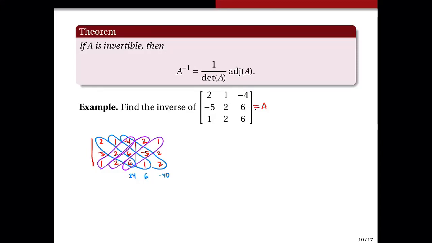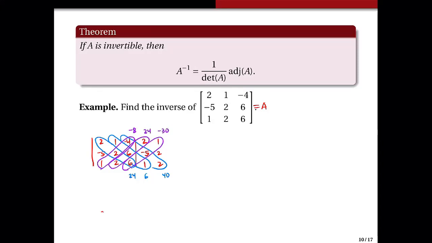So this becomes positive 40. Thank you for that. And then for the going up, we have 1 times 2 times negative 4, that's negative 8. Then 2 times 6 times 2 is 24. 6 times negative 5 times 1 is negative 30.